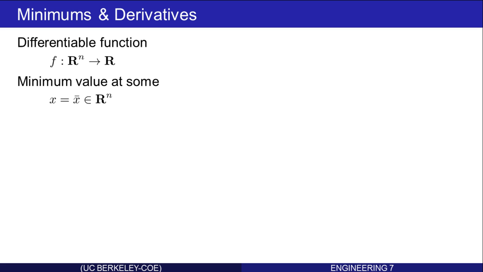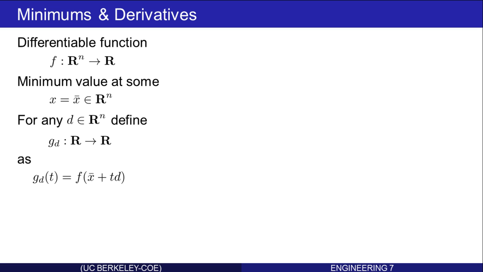Suppose this achieves a minimum value at some x bar. Now take any direction d, define a scalar function g_d, notice it only maps R to R, as follows. g_d at t is f at x bar plus td.